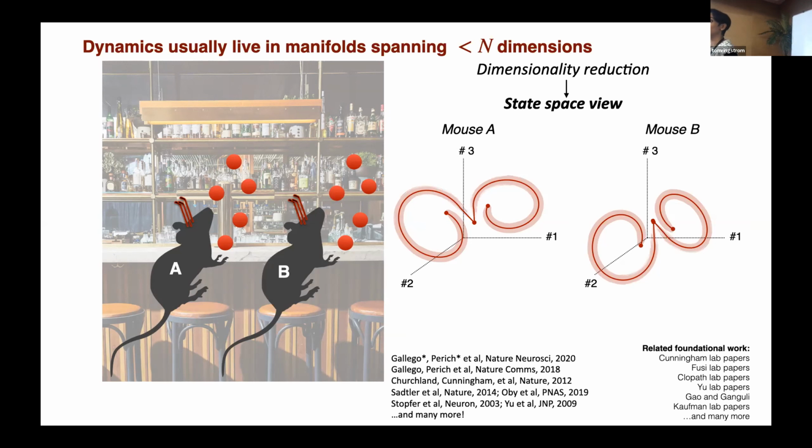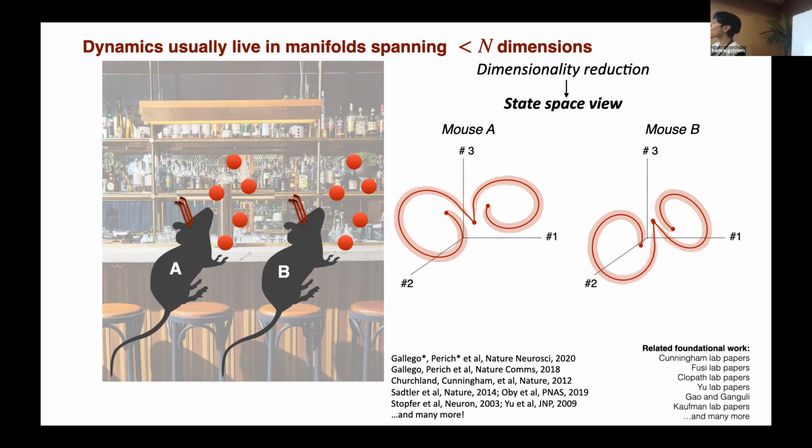So this is by no means news to any of you who've been at any Cosyne literally before. Many people, many labs have worked on these types of dimensionality reduction, manifold-based analyses, subspaces, and so forth. So that is the state space view. There's an entire workshop on geometries, actually. So this would be your exit strategy.